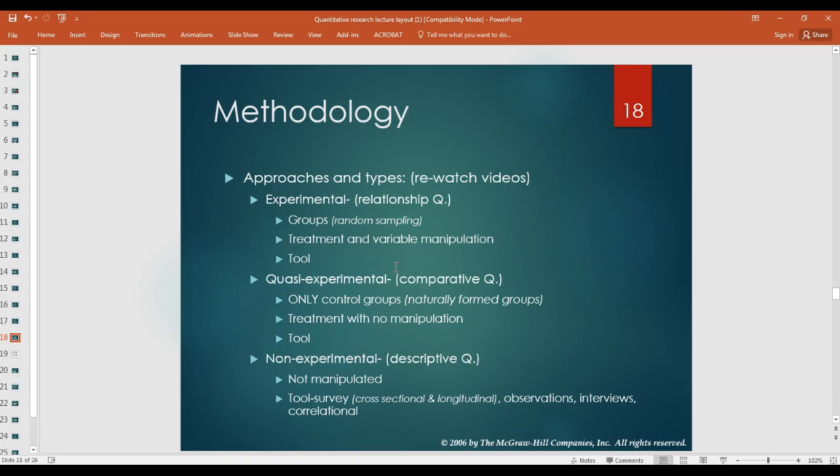In the experimental, they always call it the true experiment. It has everything from an experiment in quantitative research. The quasi-experimental is like a semi-experimental, which has some of the features of a quantitative experiment research. And then the non-experimental is really barely making it to be a quantitative. It's like a borderline between quantitative and qualitative research.